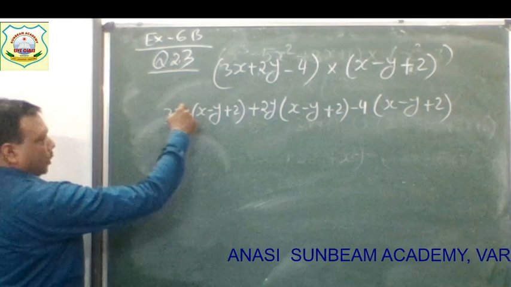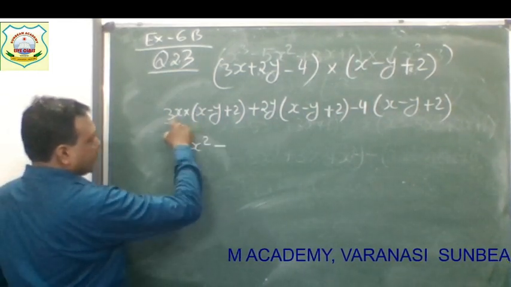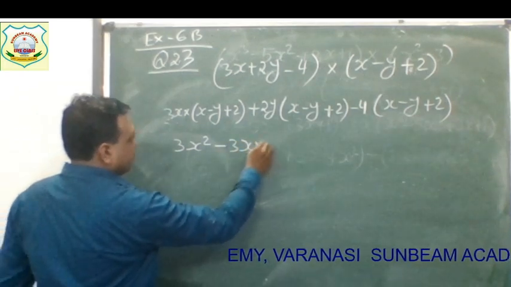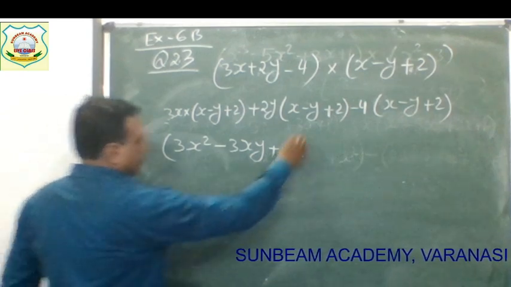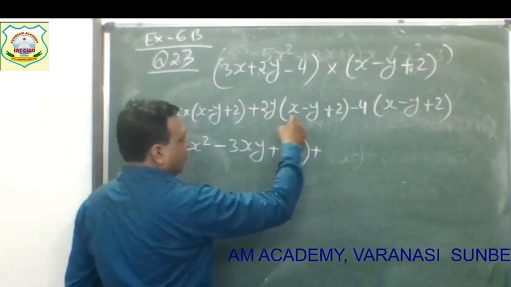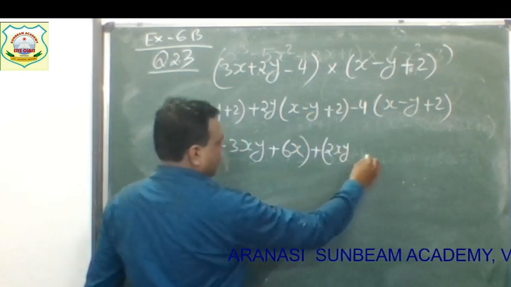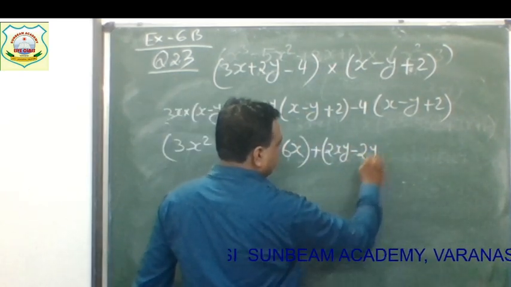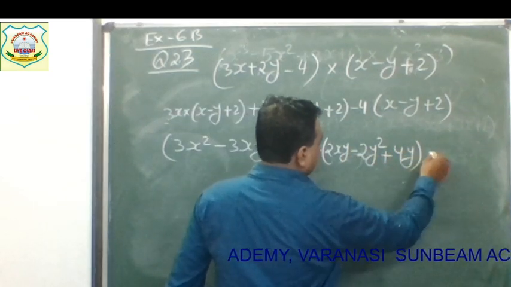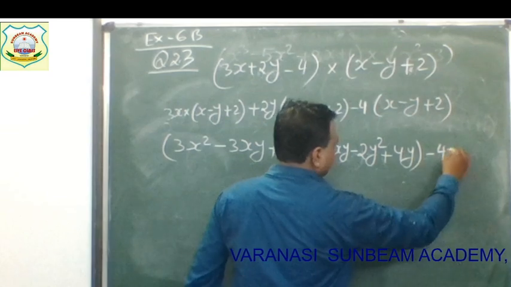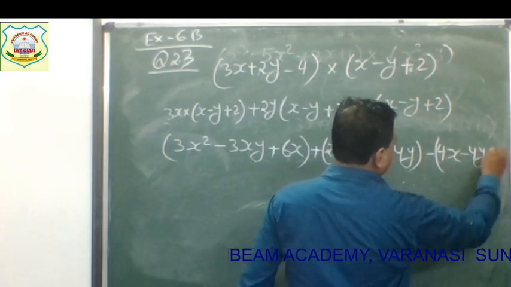Here, 3x into x, that is 3x square. Then minus 3x into y, minus 3xy, plus 3 into 2, 6x. This is the completed first. Now plus 2y into x, 2xy, minus 2y square, plus 4y, minus 4x, minus 4 into minus y, plus 4y, plus 8.